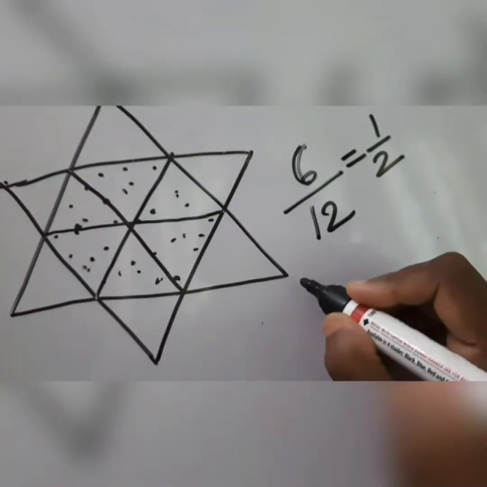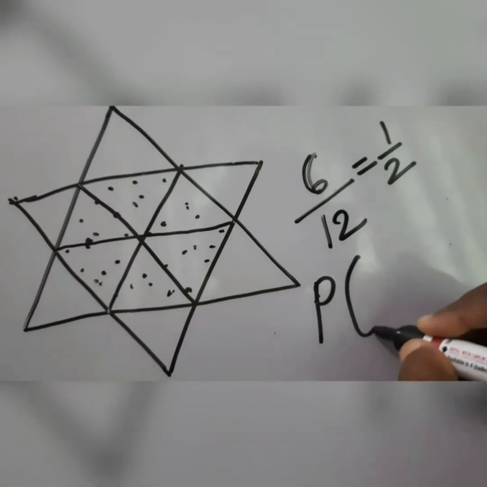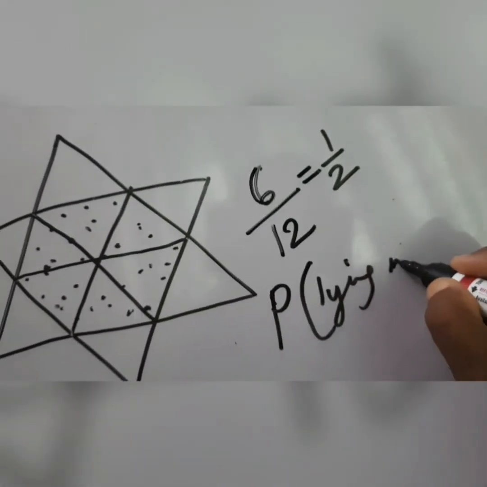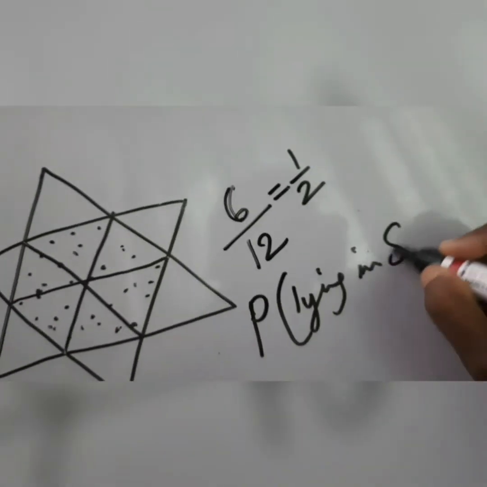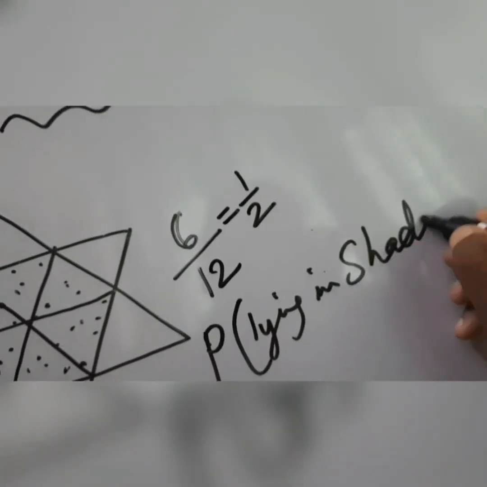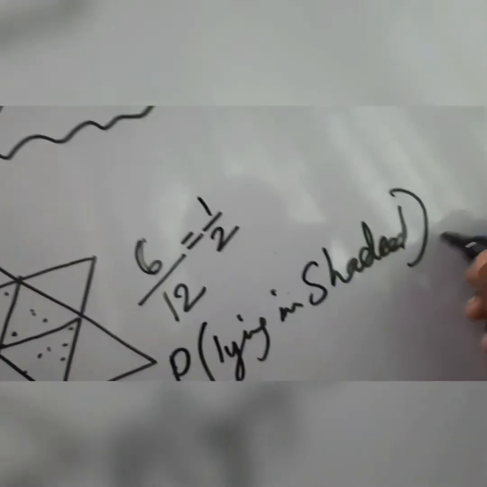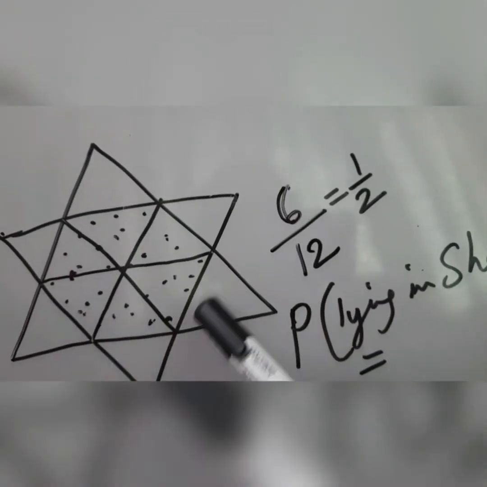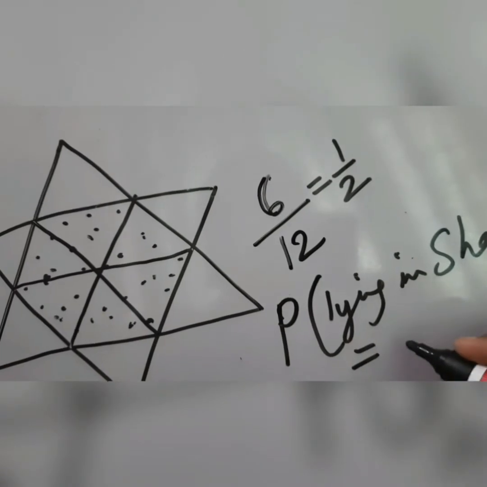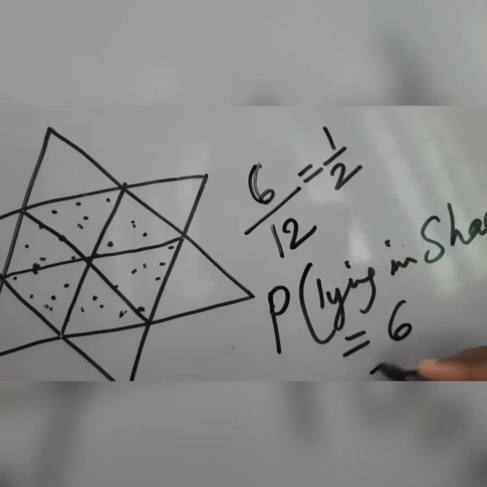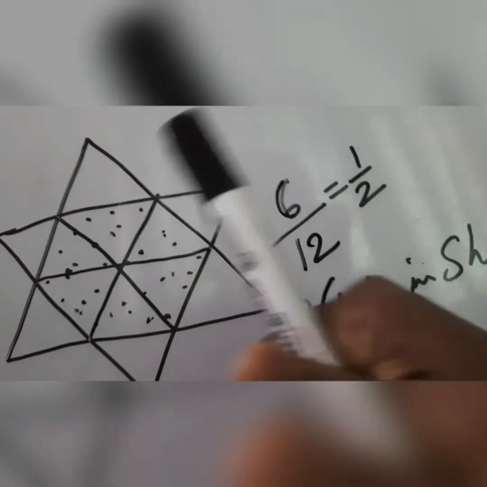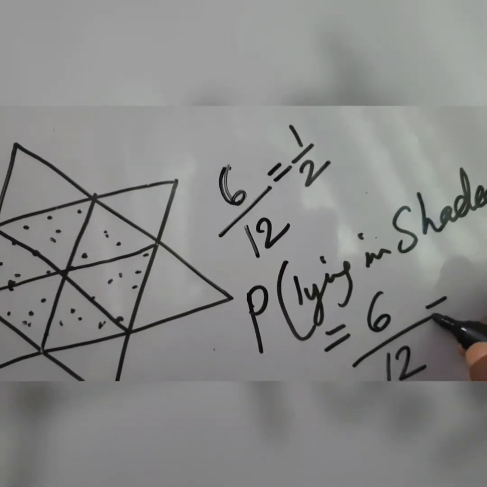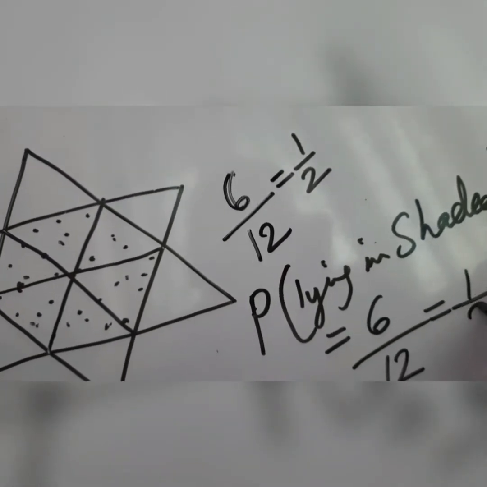This is the same as the probability of the dot lying in the shaded part: the shaded part is 6, the total equal parts 12, so this is equal to 1 by 2.